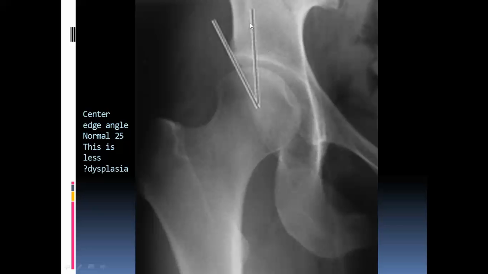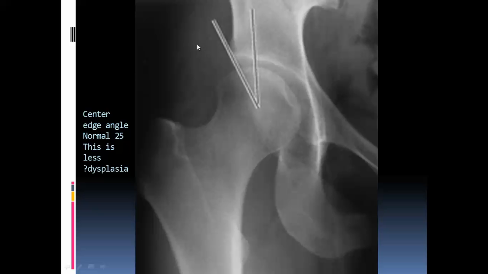This is what we call the center edge angle. It's a vertical line passing in the center of the head with another line passing at the outer margin of the acetabulum here, the edge. Normally it is about 20-25. If this is less than that, that means that this one is slanting up, and the angle will be more closed.